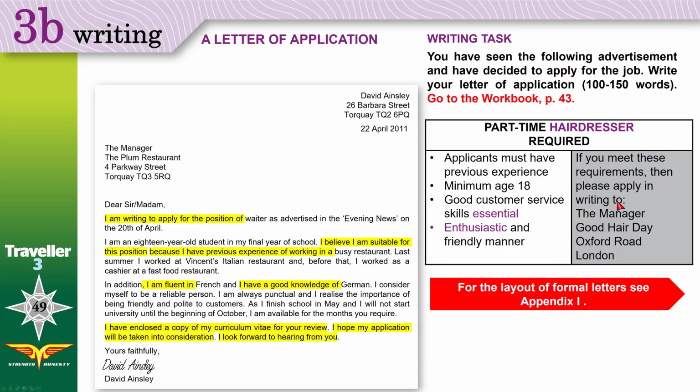You write to, this is what you write right here, the manager, Good Hair Day. This is the name of the place where you will be working, and this is the address. For the layout of formal letters, see Appendix 1. Or you can just look here. This is the layout. This is where you put your info, the info of the person you are writing to, and everything.